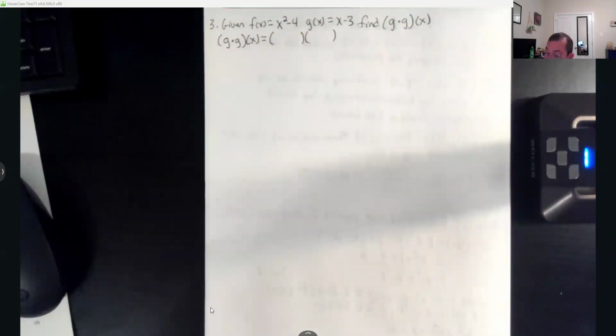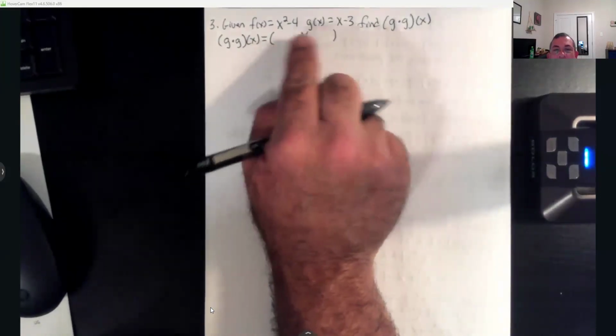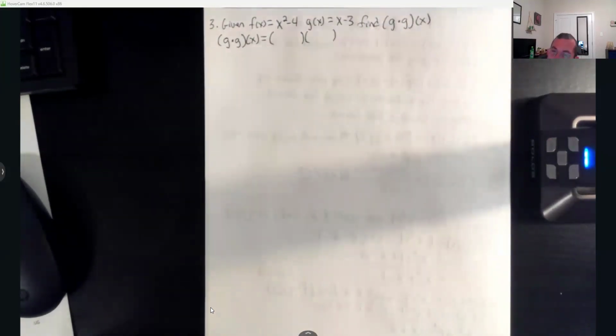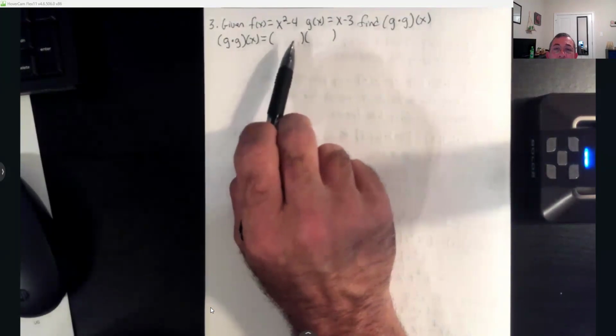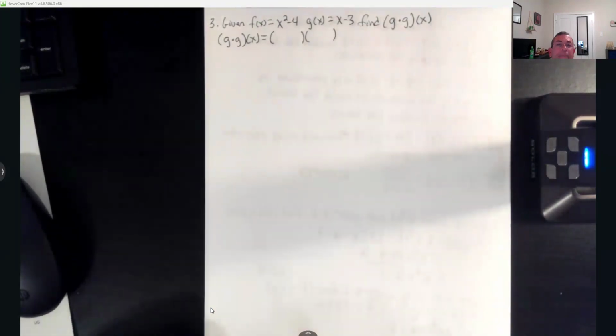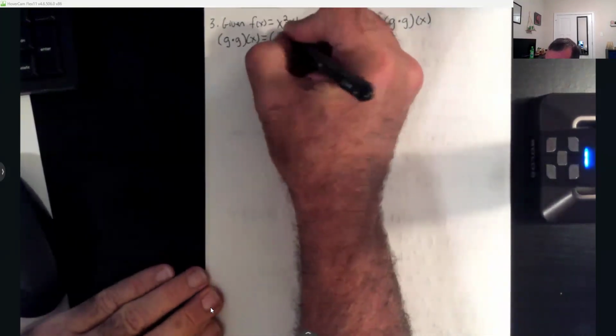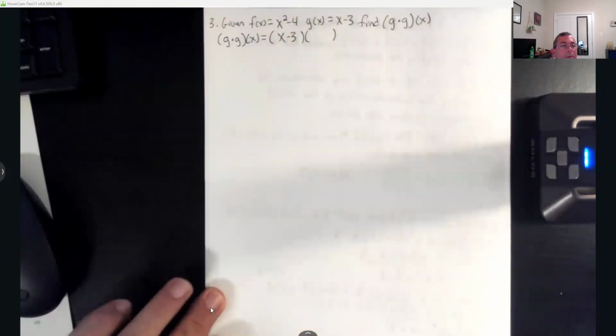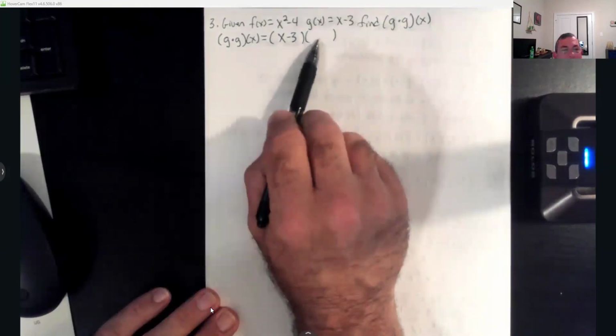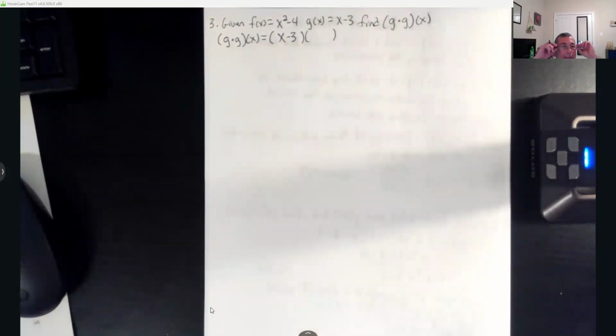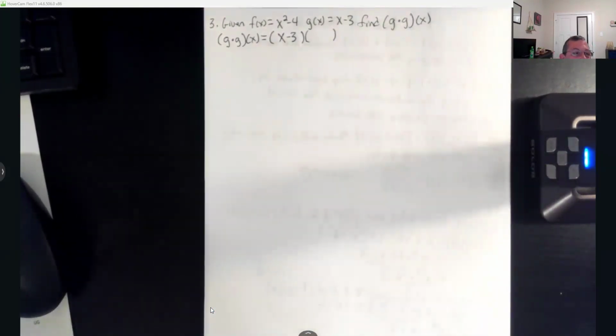Well, y'all, the question is, what's going into these two sets of parentheses? What would y'all put in the first parentheses here? So definitely x minus 3. Good job. So knowing that, what would y'all put in the second parentheses? So same thing. So y'all are saying x minus 3.